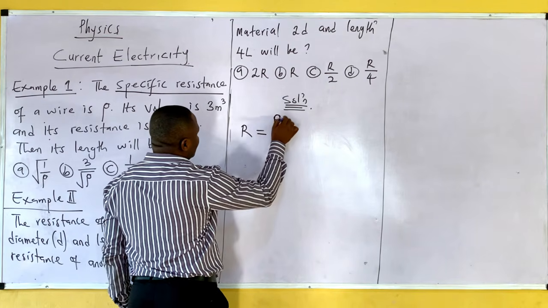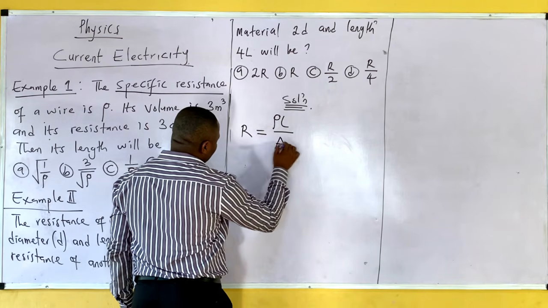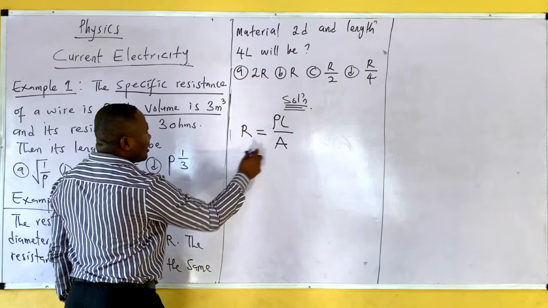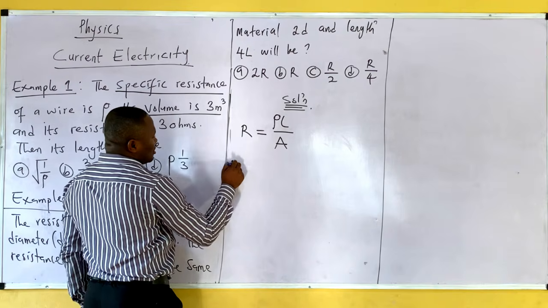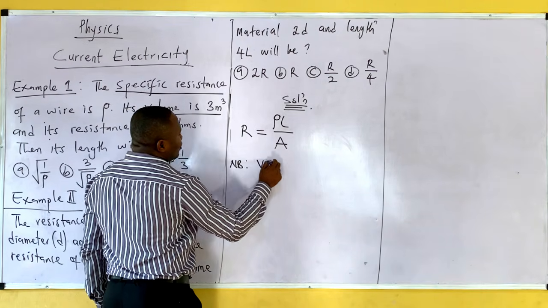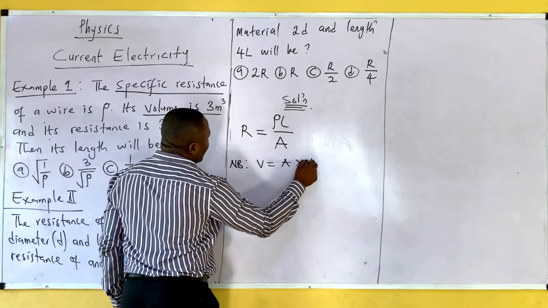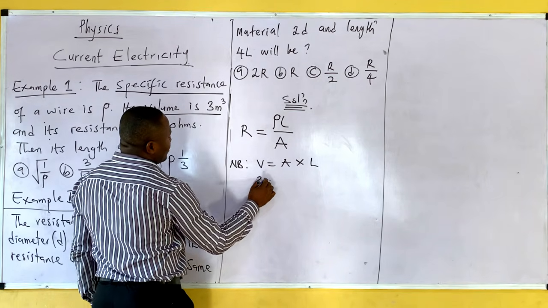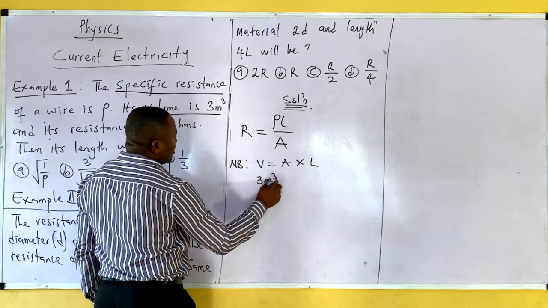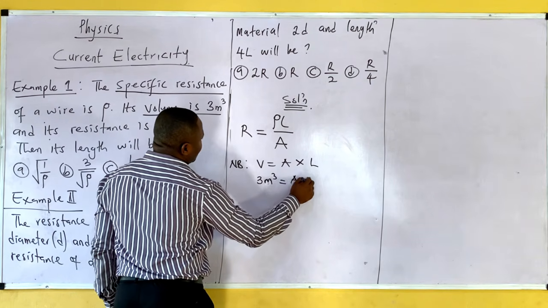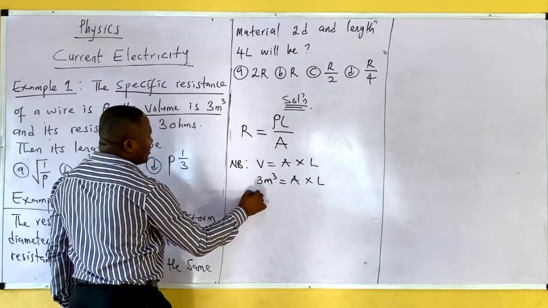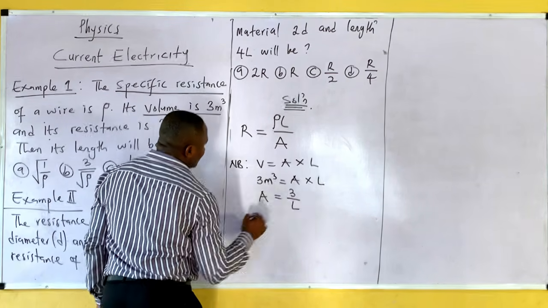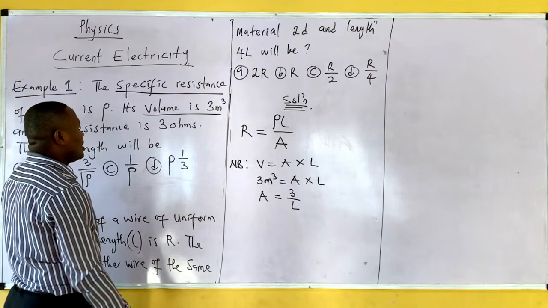Resistance equals resistivity L over A. We are given volume instead of area. Note that volume equals area times length. So therefore, 3 meters cube equals area times L. So what will be our area? Area will be equal to 3 over L. Take note of this. That will be our area.